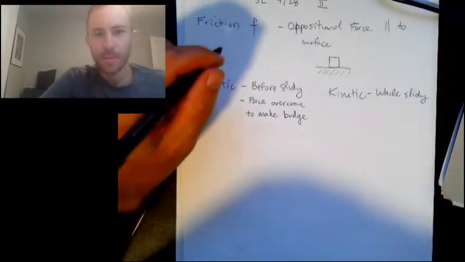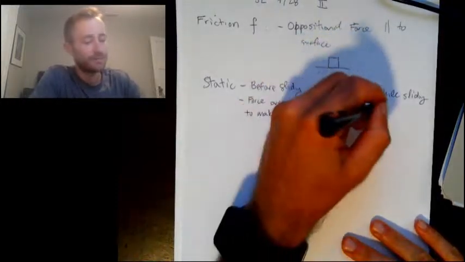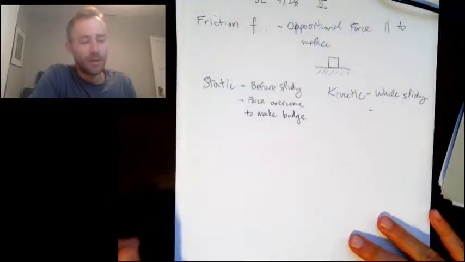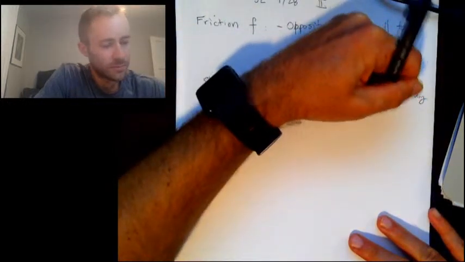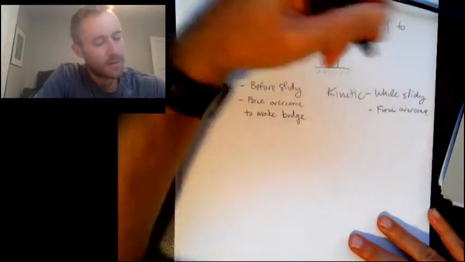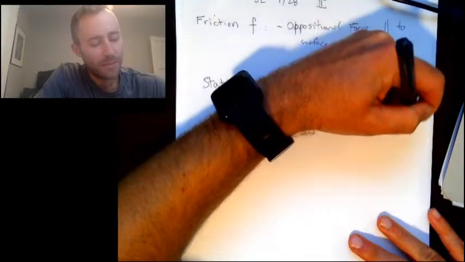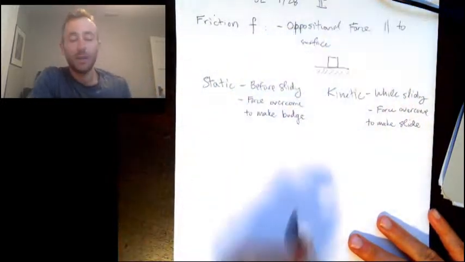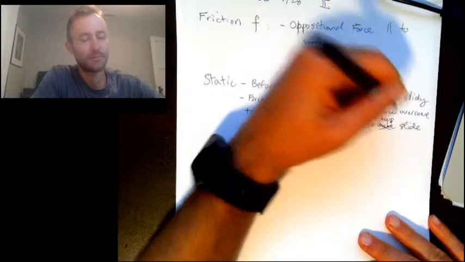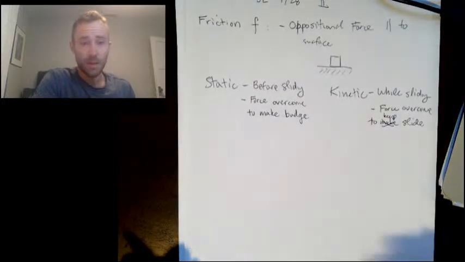Okay? The force that must be overcome to make something budge. Kinetic friction is the force that must be overcome to make the object slide. To make it, I should say, to keep it sliding. Okay, that is kinetic friction.